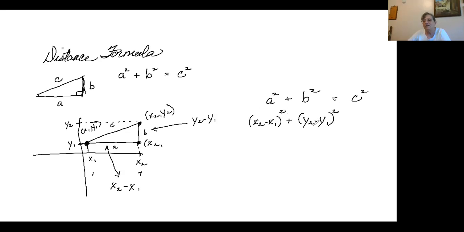You don't have to worry about the order here because you're going to square it, so it's going to come out positive regardless. And instead of C, I'm going to call this D for distance. So this would be D squared. To solve this for D, I just take the square root of both sides.